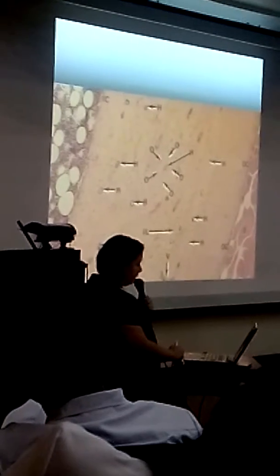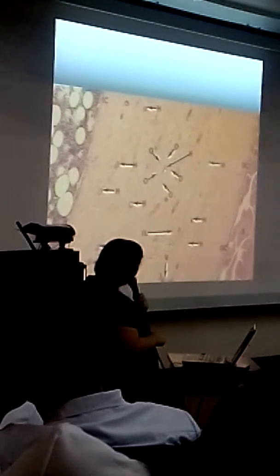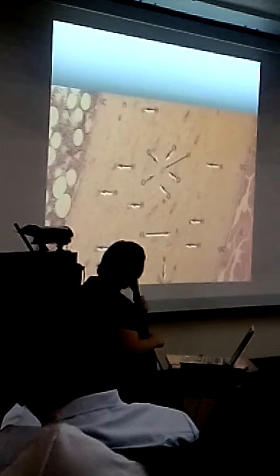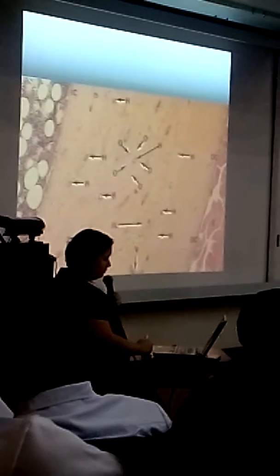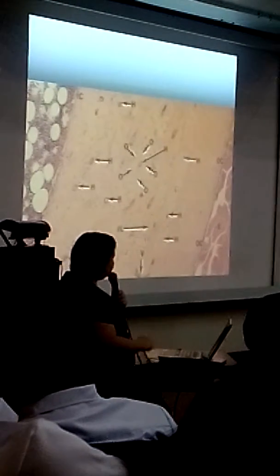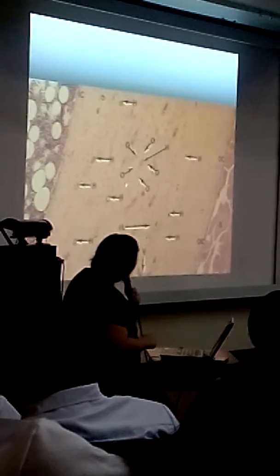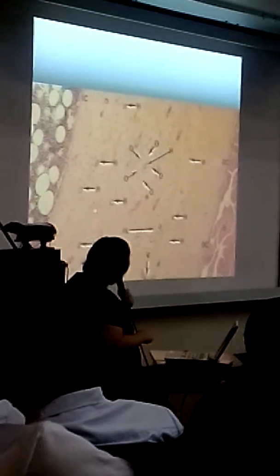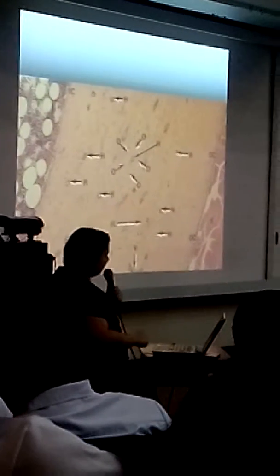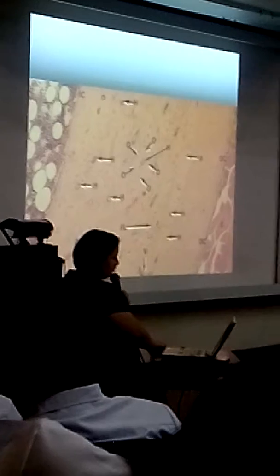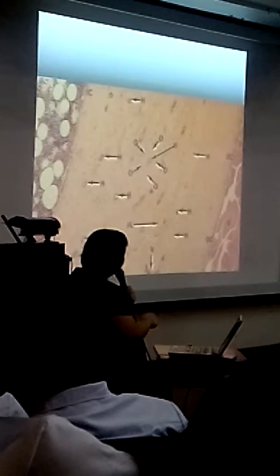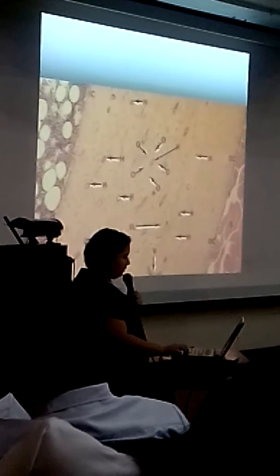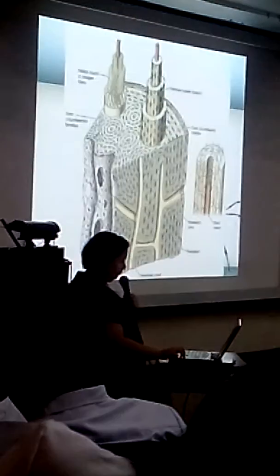And then if you can see the middle part, those are the Haversian canal or the central canal. It's in the middle. It's not seen much here, but there is some concentric arrangement of the layers. We'll have a better picture. So you just know that this one is the Haversian system or the osteon.